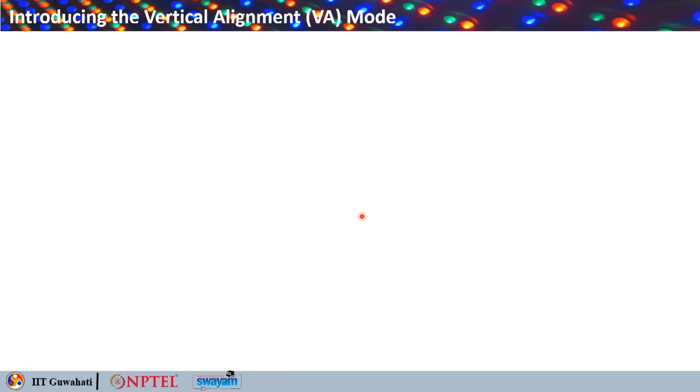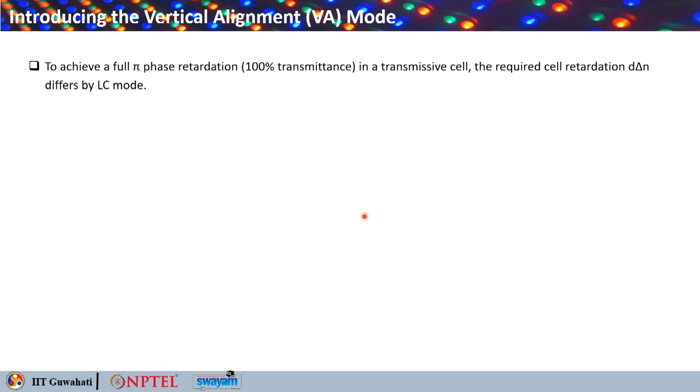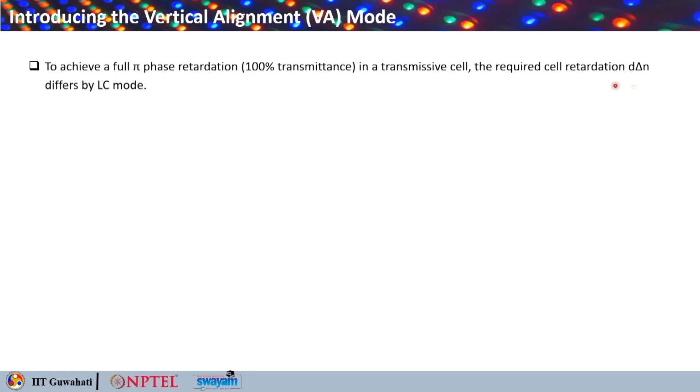Now to achieve a full pi phase retardation, that means 100% transmittance in a transmissive cell, the required cell retardation d delta n differs by the LC mode, right?